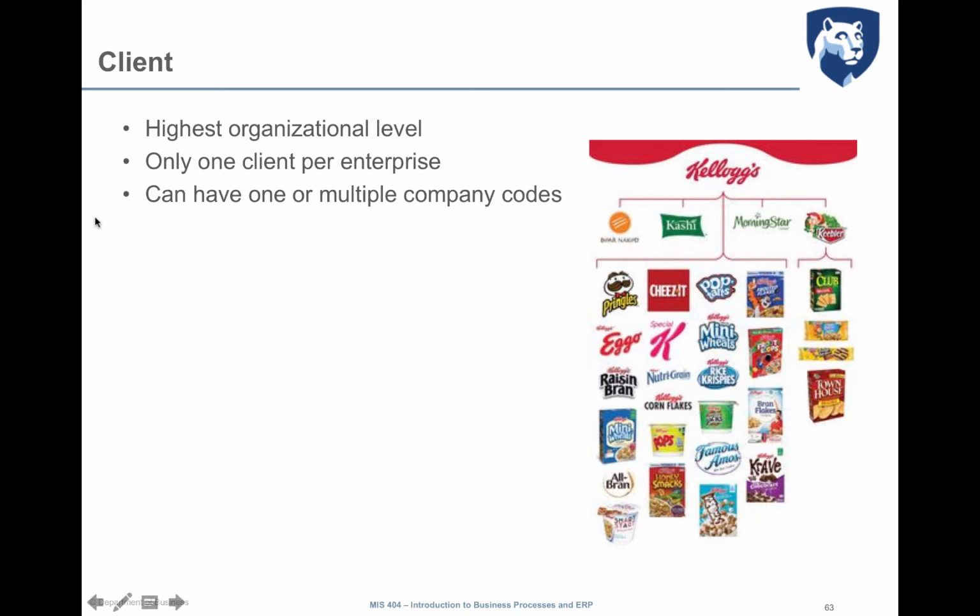Here I have put an example coming from Kellogg's, which is the client with which all the second level brands here are associated, like All-Bran, Cornflakes, Rice Krispies, Pop-Tarts, Pringles, and so on. So Kellogg's is the client, and these below are all the company codes.